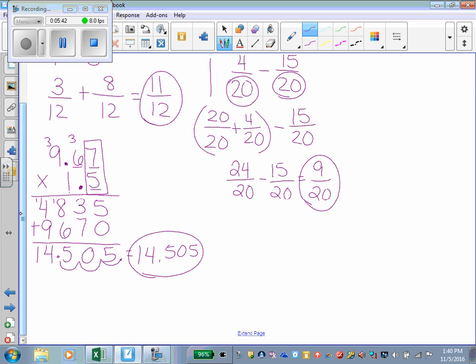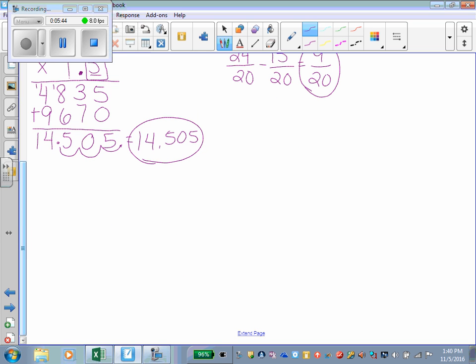Moving on to number 4, you have 1 and 23 hundredths divided by 3. First thing you do is move up that decimal. Can 3 go into 1? Is 3 smaller than 1? No. So 0 times 3 is 0. 1 minus 0 is 1.